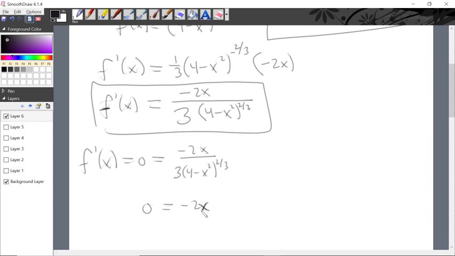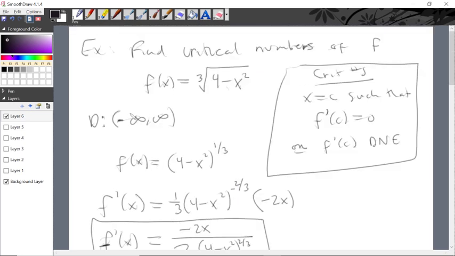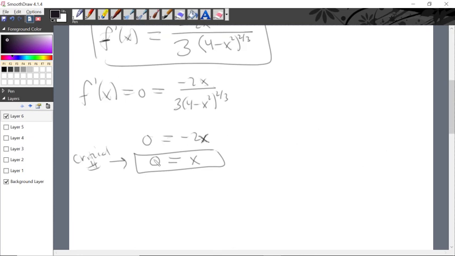So negative 2x is equal to 0 when x is equal to 0. So x is equal to 0 is a critical number. Just to make sure, is 0 in the domain of the original function? And it is, it's between negative and positive, so that's fine.